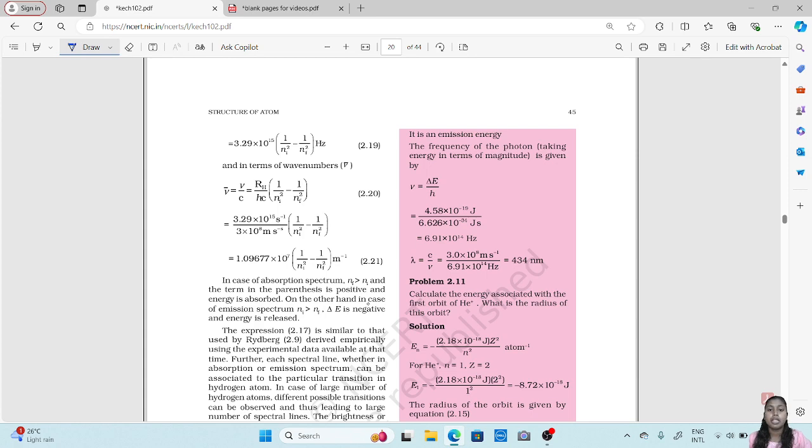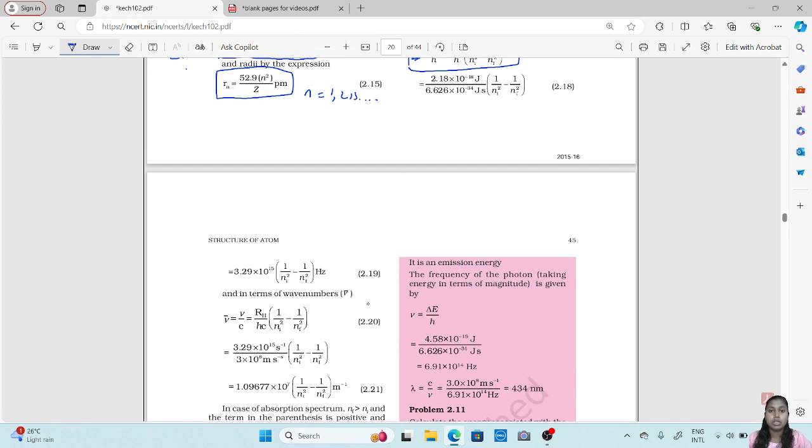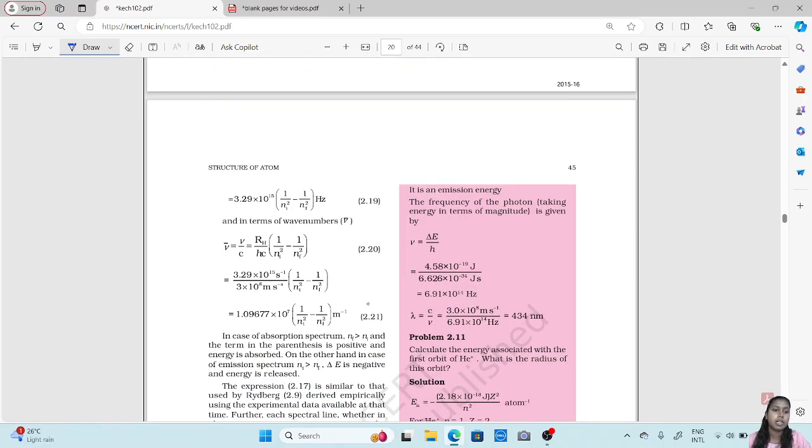If I calculate RH by h, the value comes around 3.29 into 10 raised to 15. This is the value of the Rydberg constant divided by Planck's constant, and this is how you can calculate the frequency.